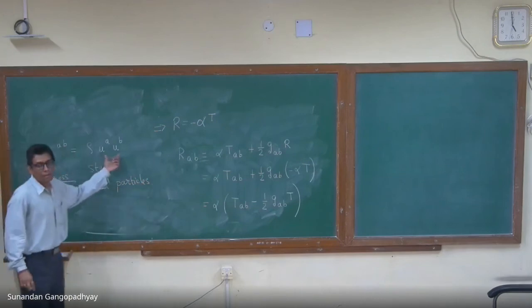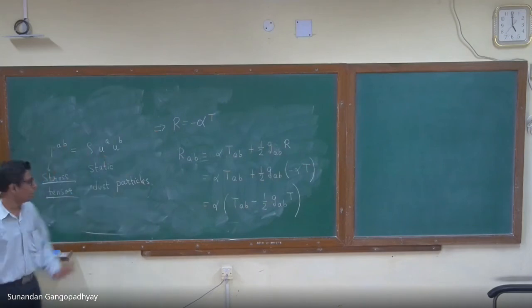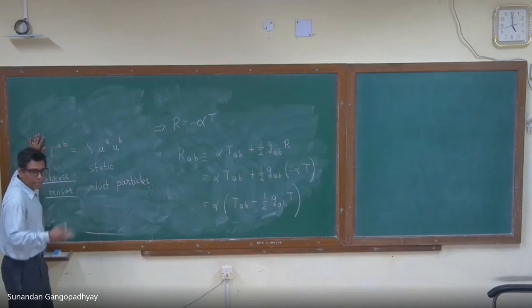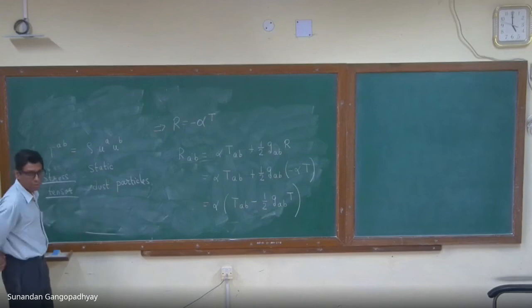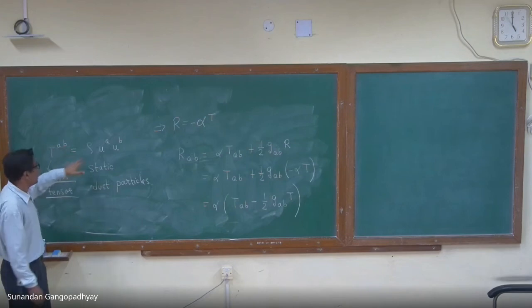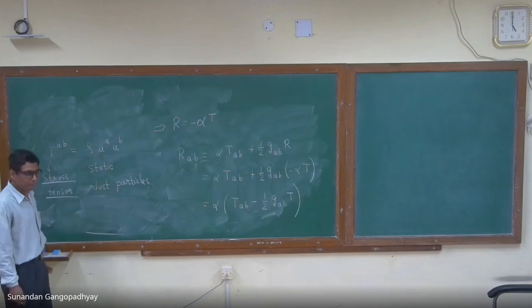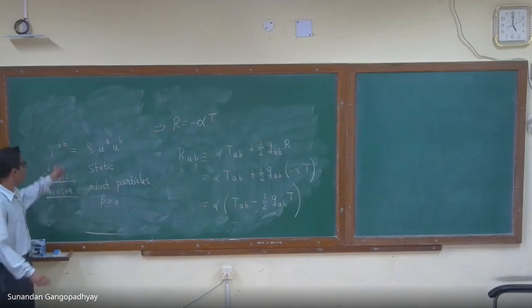By static I mean that all the spatial components of U are zero. That is what I mean. And dust particles means, usually, when you attend the lectures on cosmology by Professor Mujumdar, you will see that the energy momentum tensor for a perfect fluid has a pressure term also. It is (rho plus P) U_A U_B minus P G_AB. I have not written that exact form. But for dust particles, the pressure is zero. And then the corresponding formula reduces to this.